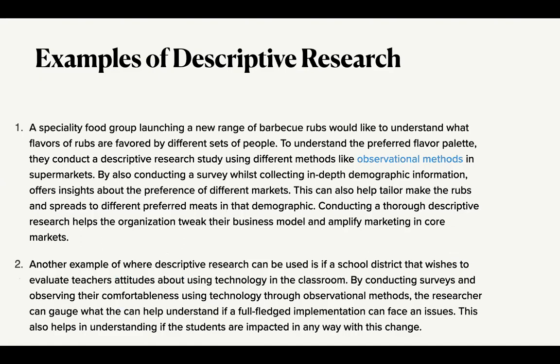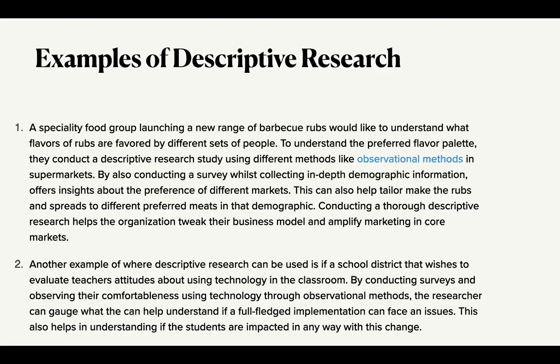Examples of descriptive research. Say a food group launches a new range of barbecue rubs and would like to understand what flavors of rubs are favored by different sets of people. To understand the preferred flavor, they conduct a descriptive research study using different methods, like observational methods in supermarkets, and also conducting survey wish lists.